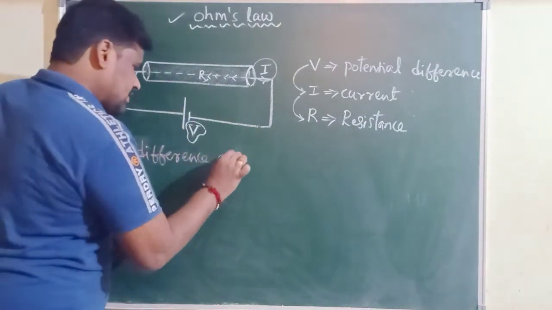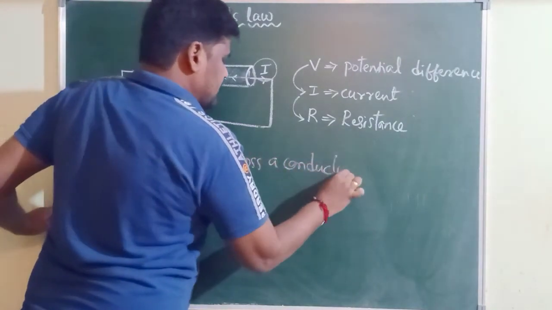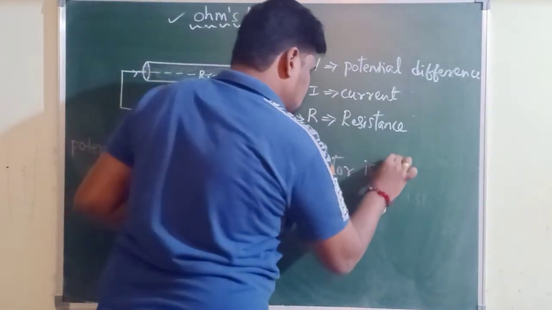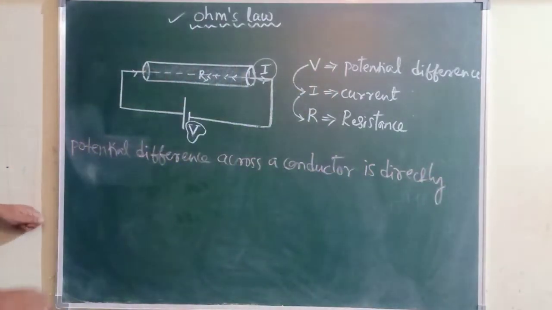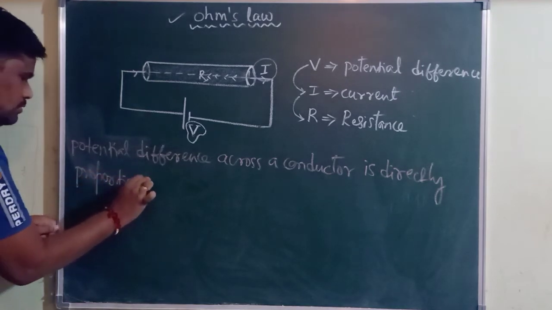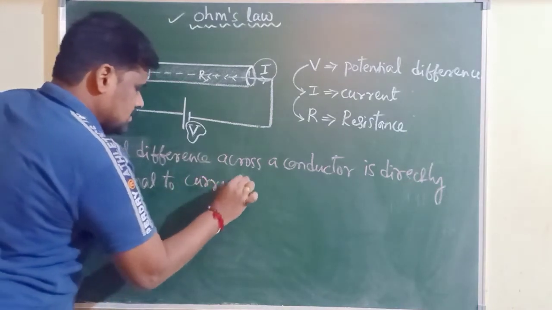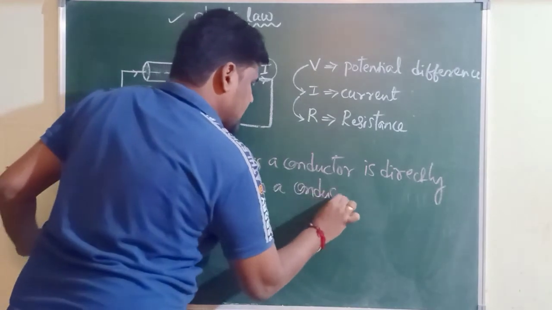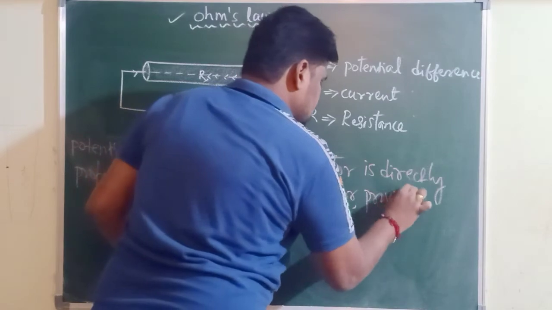The potential difference across a conductor is directly proportional to current in a conductor, provided, what is the condition?